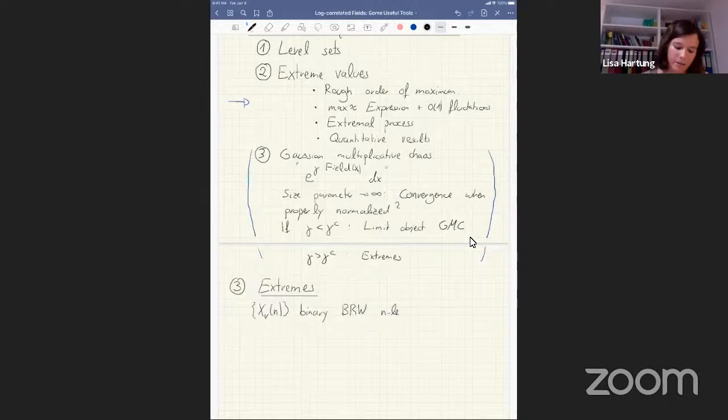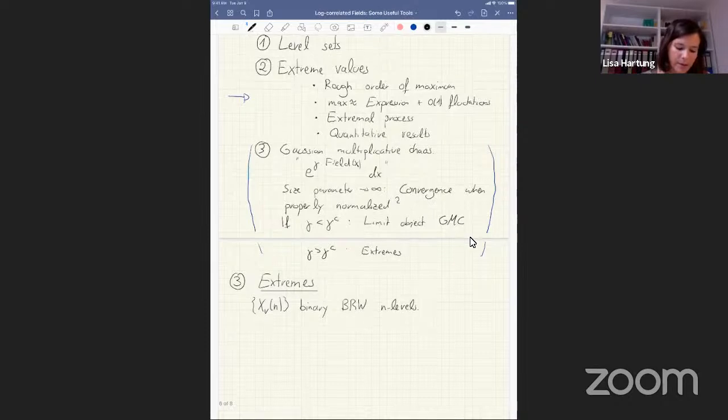And what we would like to understand is, can we find an upper bound on the maximum of this whole collection? Can I say something? Can I find some bound on the maximum value?